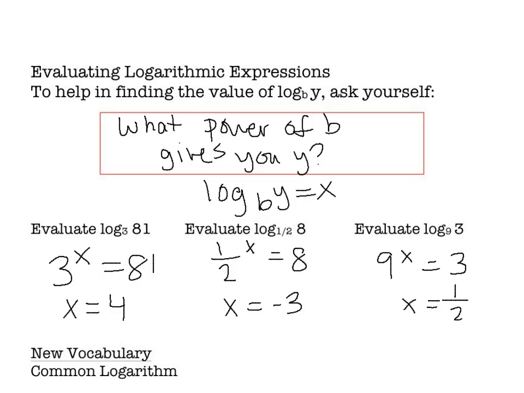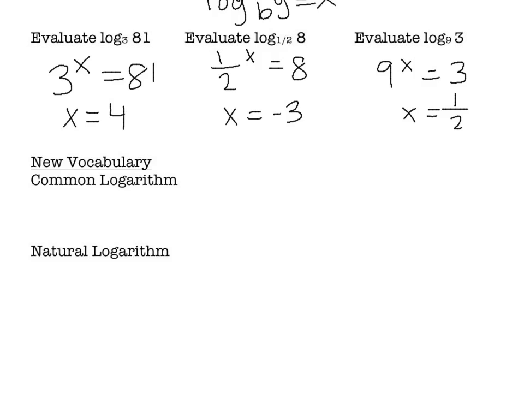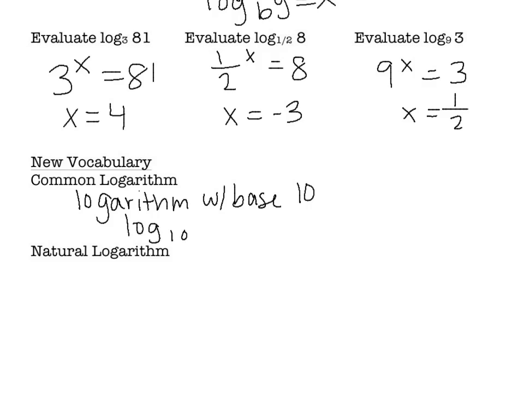A couple of new vocabulary terms. The common logarithm is a logarithm with base 10. You might see this written as log base 10, but usually you'll just see it written as log.